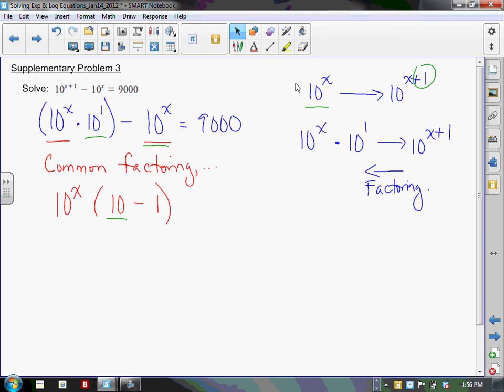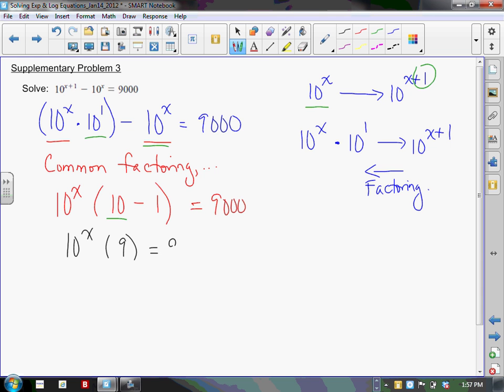So we now have this equal to 9,000. If we tidy things up a little bit, we'll have 10 to the x multiplied by 9. That equals 9,000. Let's cut out one of these factors. We can divide out the 9. That cancels. This is the lowest form of 1 over 1.